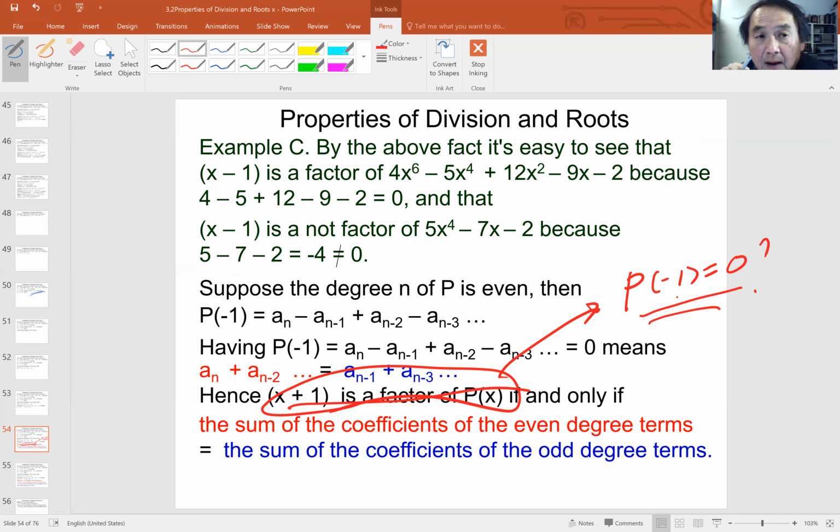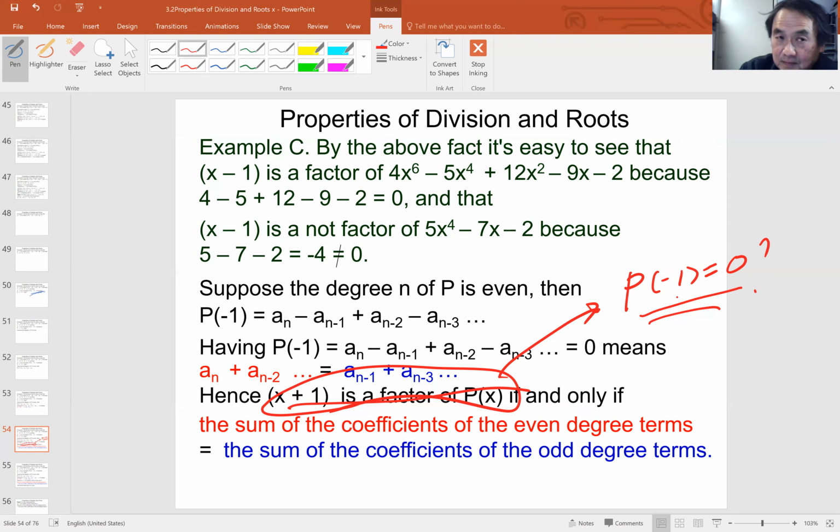Think about this. If I plug in minus 1, all the even powers, x squared, x to the 4th, x to the 6th, just change the minus 1 to plus 1 times their coefficient, the numbers in front of them. If I put minus 1 into the odd powers, the third and the fifth, and so on, they change their coefficients to the negative.